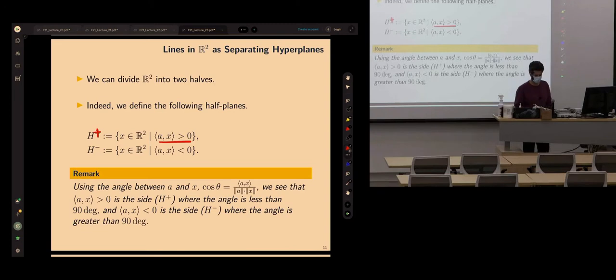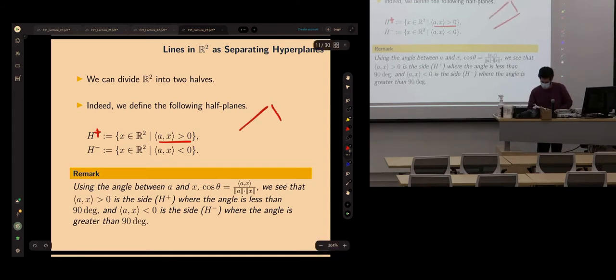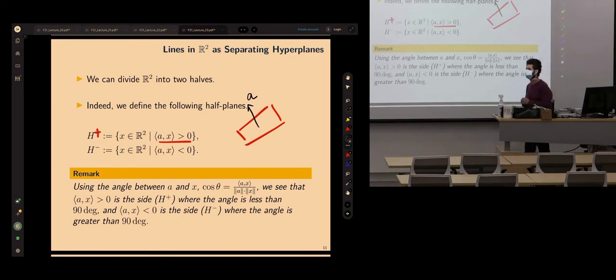Why? That follows from the angle between 2 vectors. We want to define these half spaces relative to the vector A, not to the coordinates that we usually use.